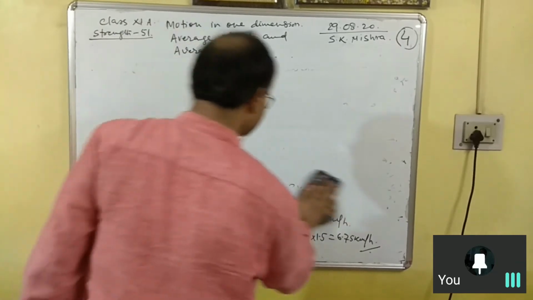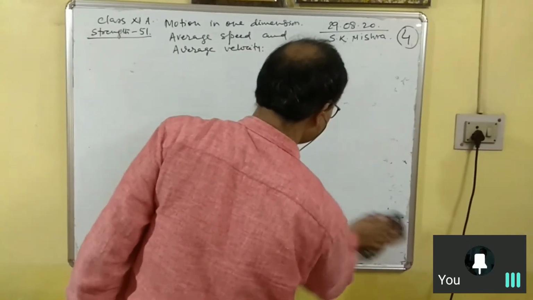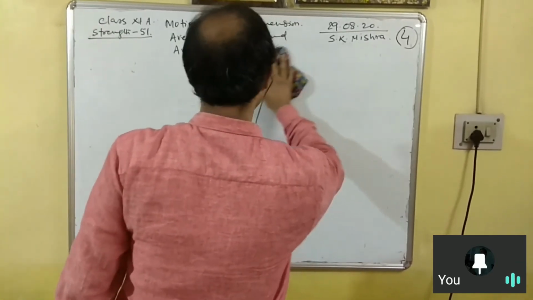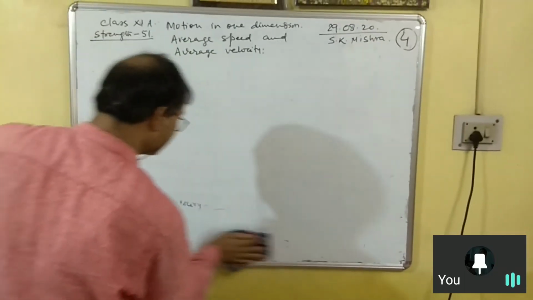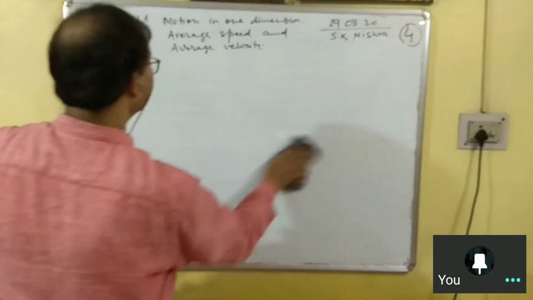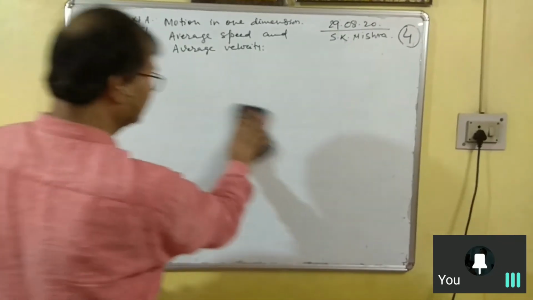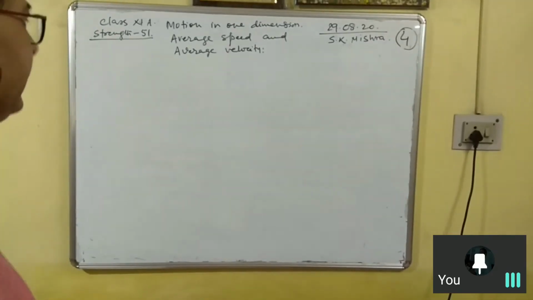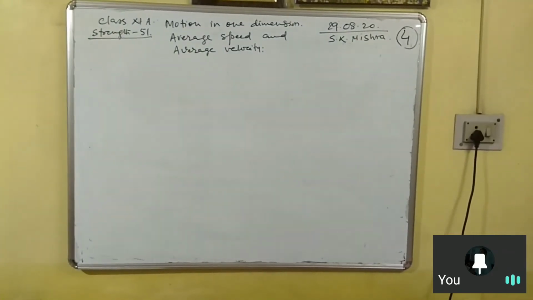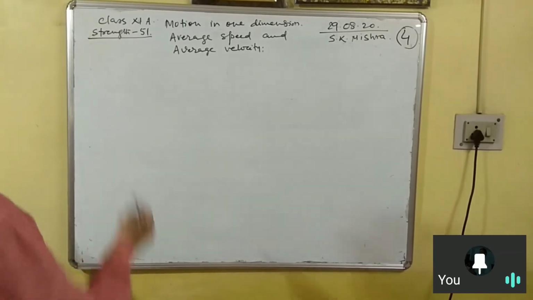Actually, the concept of relative velocity becomes much more clear when you study the motion in two dimensions, because the concept of vector is necessary. So if you know the concept of vector, then it will be a little bit easier for you to understand. But okay, up to some point you can take this problem.